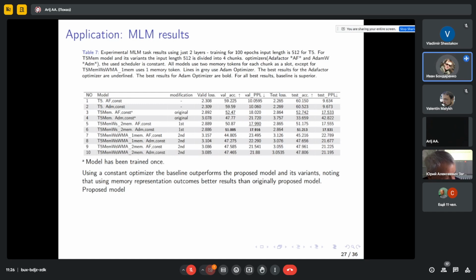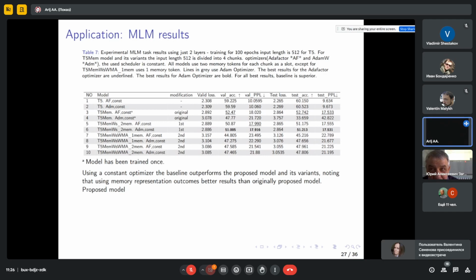For example, recurrent architectures such as recurrent memory transformer or Mamba architecture and so on. Do you compare your approach with other methods to solve the long sequence problem in transformers?